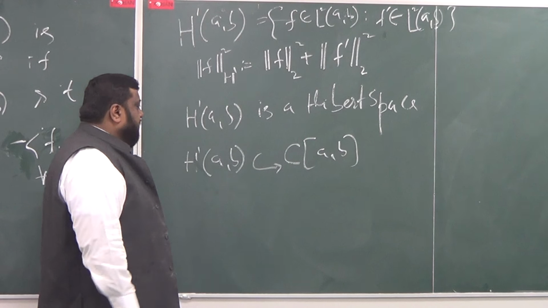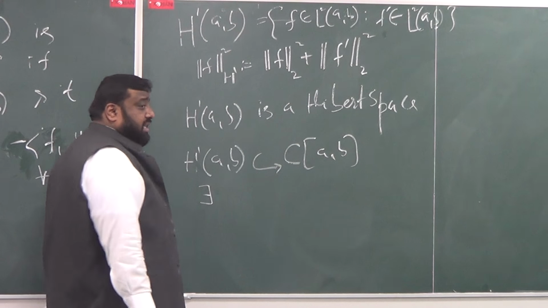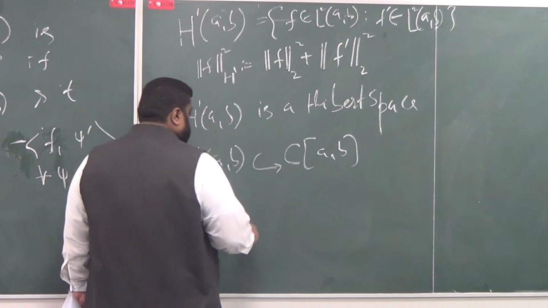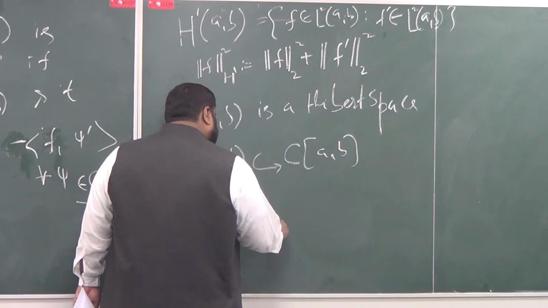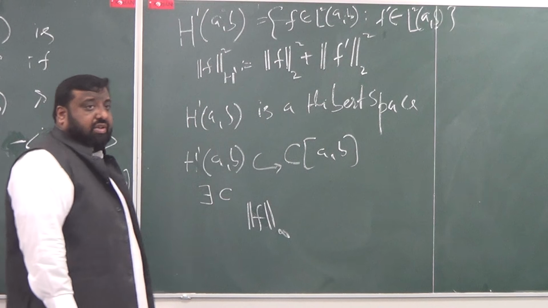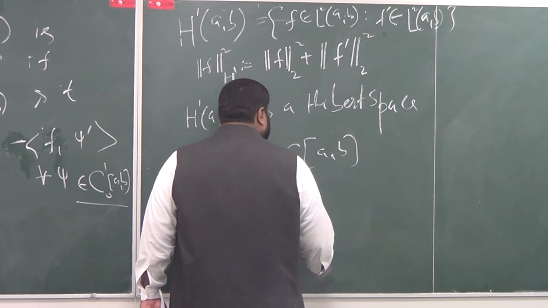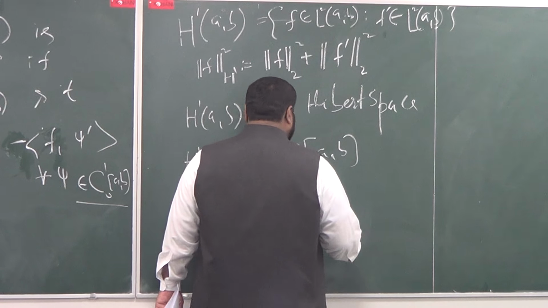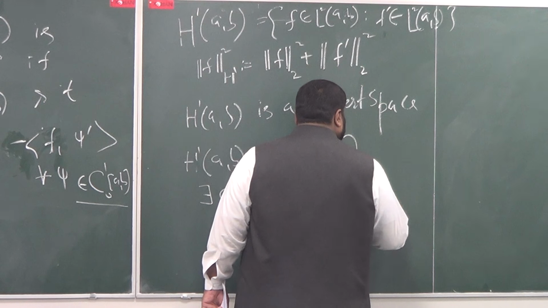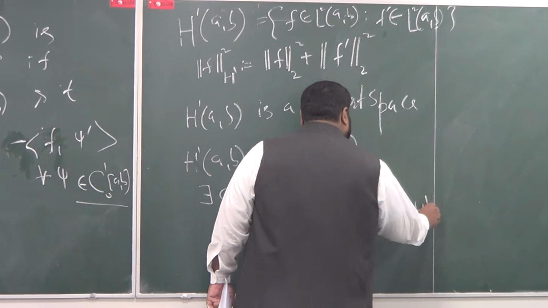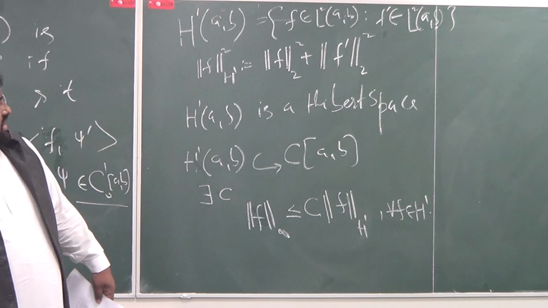What we mean by that is that there exists a constant C such that the infinity norm of f can be estimated by C times the H1 norm of f, for all f in H1. It is also something that we did.